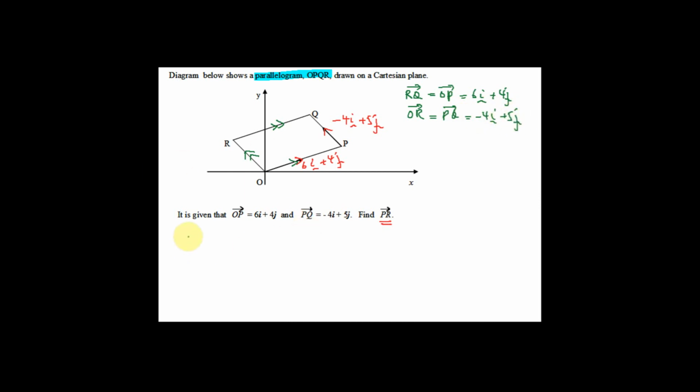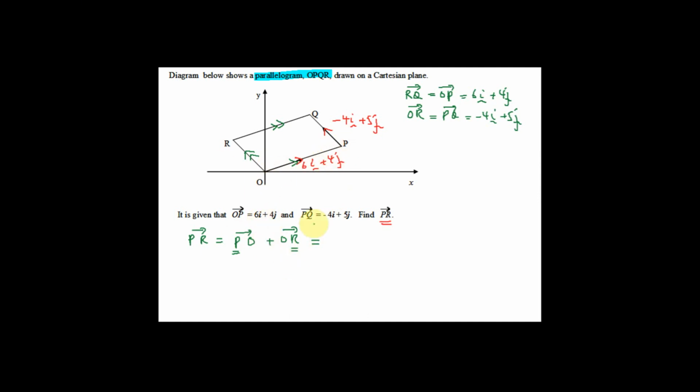So how to find PR? PR is somewhere here. PR equal to PO plus OR. Always start with your P and end with R here. So what is your PO? PO is negative of OP.